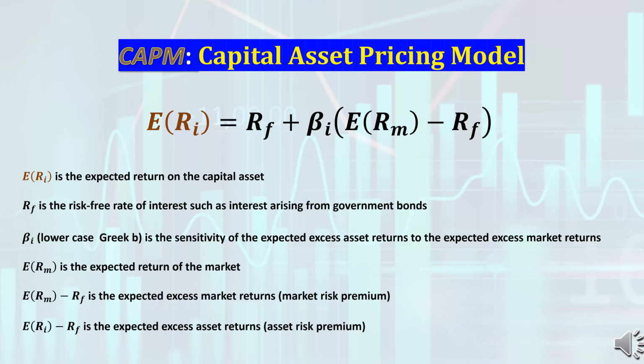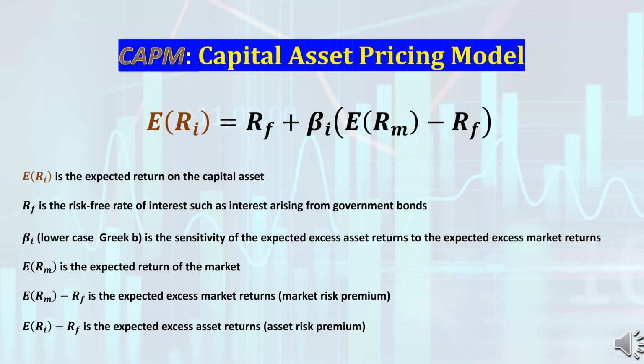Beta, shown as the lowercase Greek b, is the sensitivity of the ratio of expected excess asset returns to expected excess market returns. E with respect to R sub M is the expected return of the market.